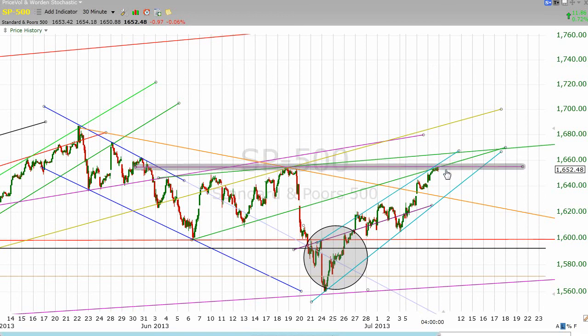But for right now, I would say probably the two lines that are going to be the most value to us will be this as resistance, this as support. But I think this will eventually give, and that should be setting up our move to test our orange line down here, and possibly even this line at about 1600.